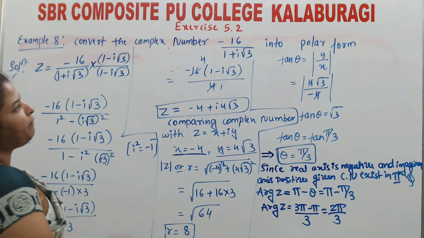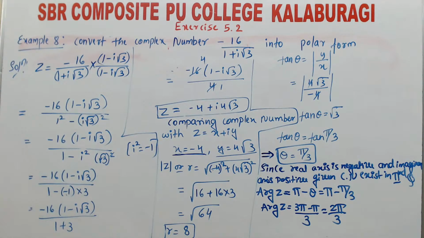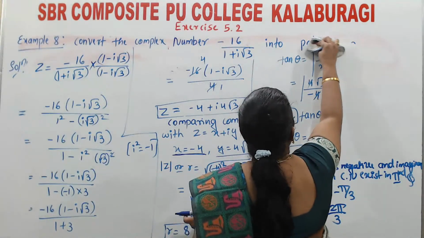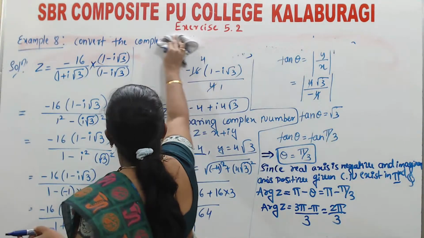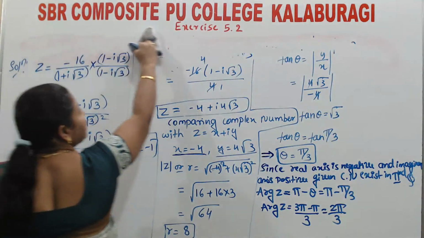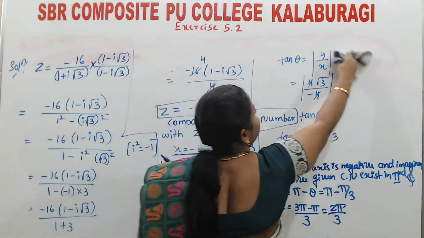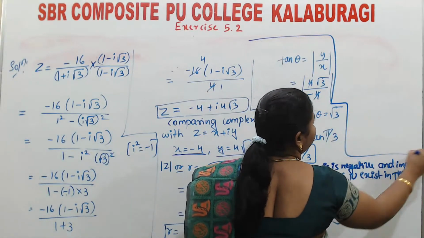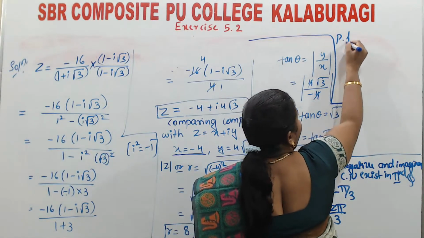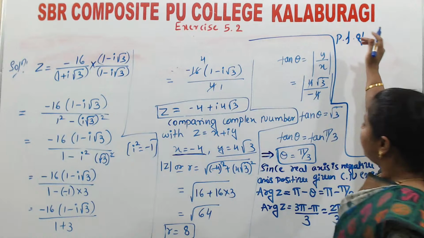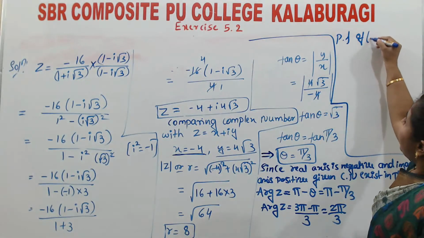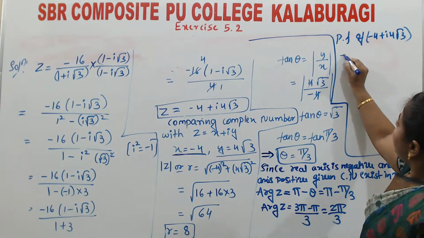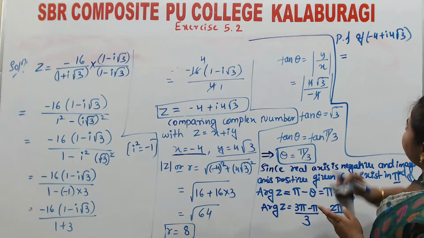Therefore, the polar form of the given complex number minus 4 plus i 4 root 3 is equal to, what is r? First we write the polar form.